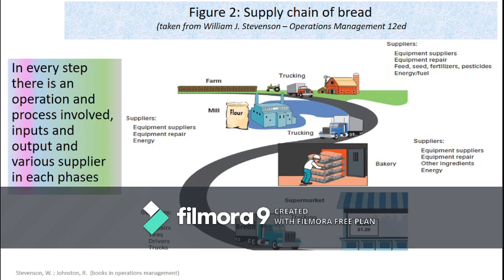How about services? The industry we will use, which we can really relate to the pandemic, is the hospital. So what are the inputs in the hospitals? Of course, the frontliners, the doctors, the nurses, the medical technologists, the radiologists, among others. Of course, the hospital, the medical supplies, the equipment, the laboratories.